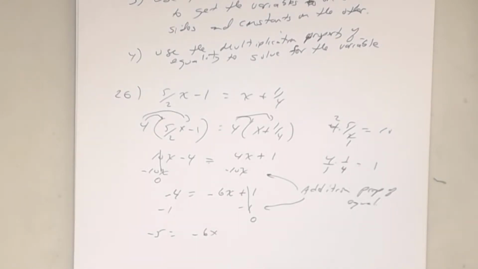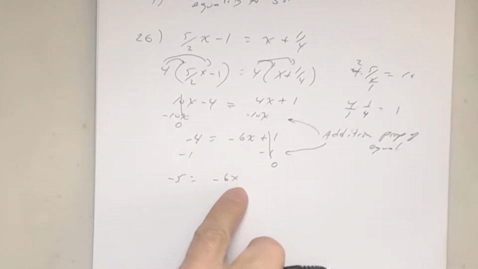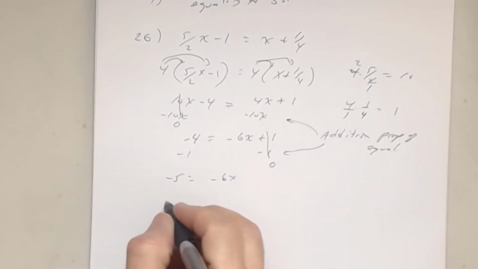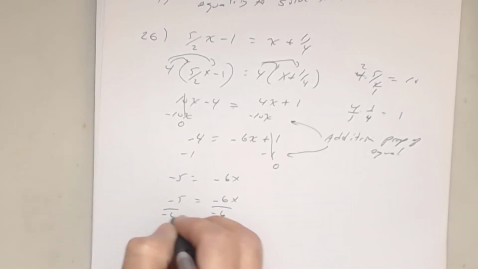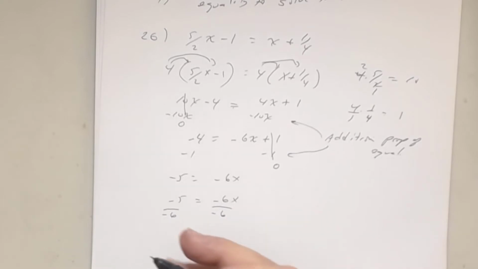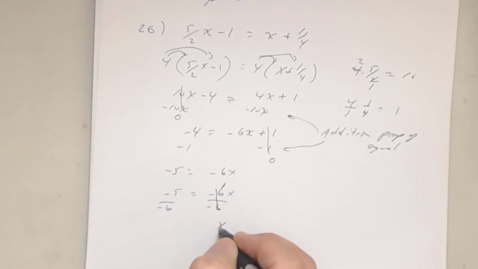Now what property do I have to use next? The multiplication property of equality. So how do you get the variable x by itself? Divide both sides by negative 6. Just like this. You have to remember that a negative divided by a negative is a positive. Negative 6 divided by negative 6 is 1, and 1 times x is x.